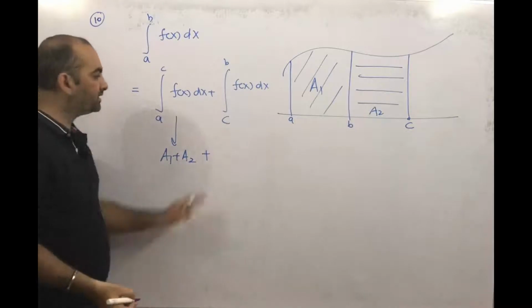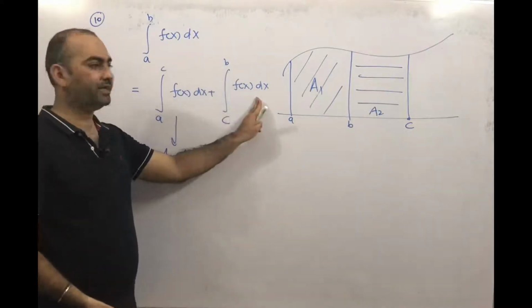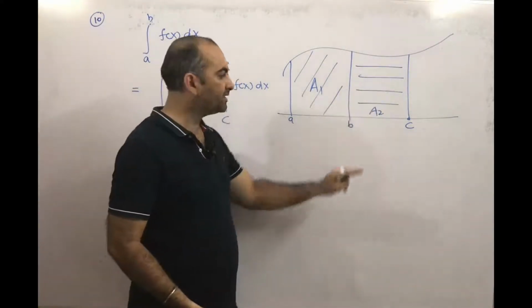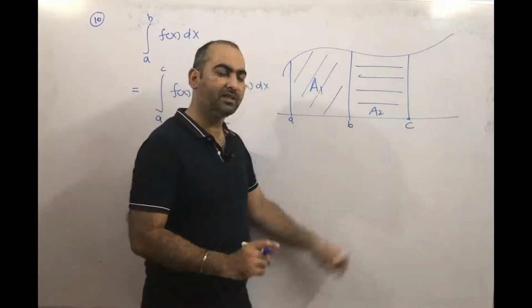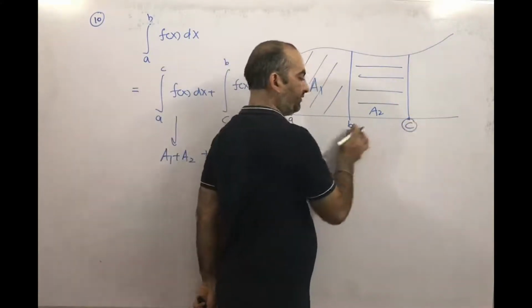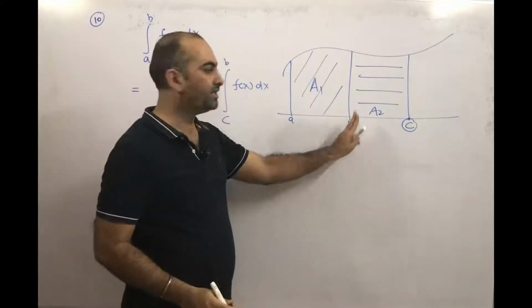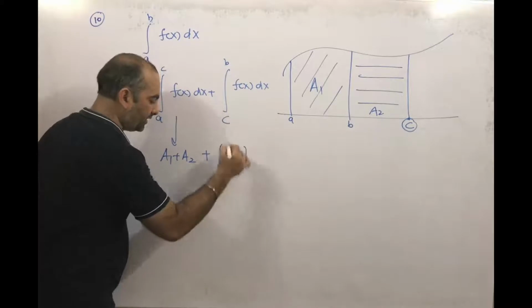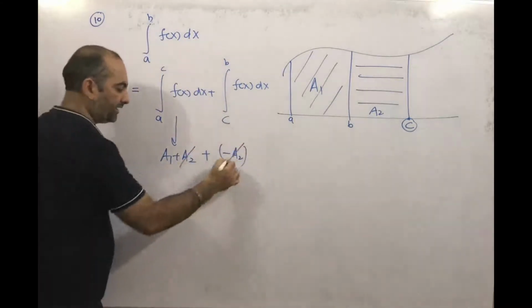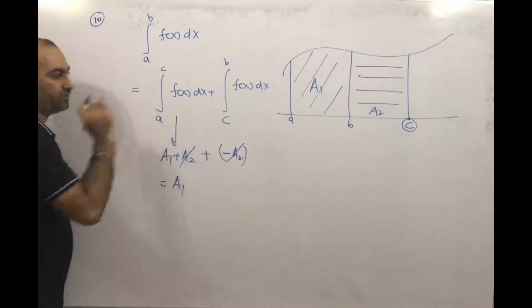Plus c to b f(x) dx. This is above the x-axis, but here the limit is from c to b, that means from right to left. So this area will come as minus of A2. So A2 gets cancelled, and what remains is A1. This is your area.